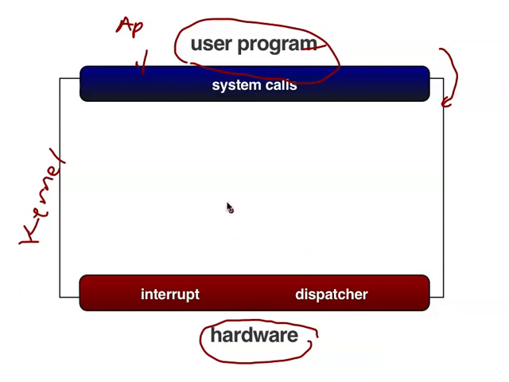All of this code is part of the kernel as well. So you can enter kernel mode from user mode in two ways: through a system call, or software interrupt, or through a hardware interrupt from the bottom. These are the two interfaces provided by the kernel.